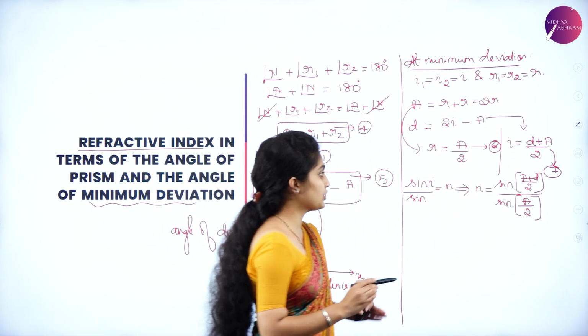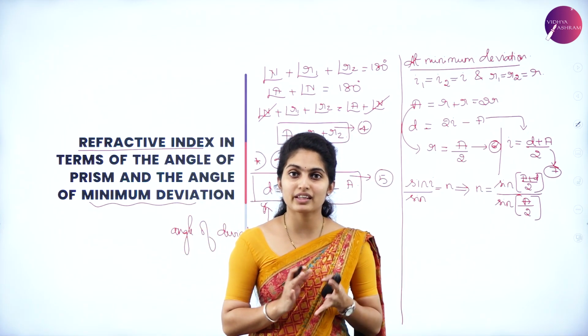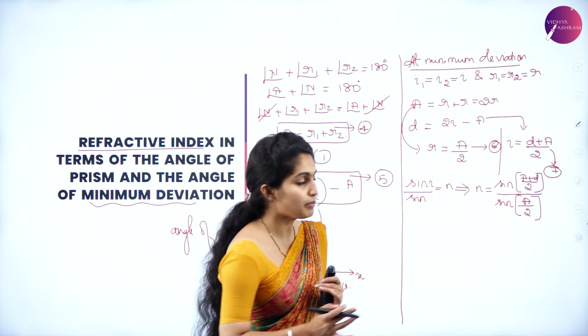Okay, so now suppose in the case of a thin prism, the angle of deviation is very much smaller.